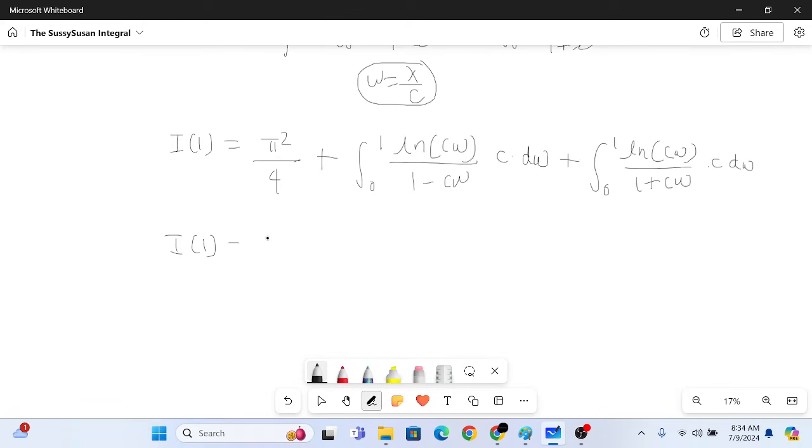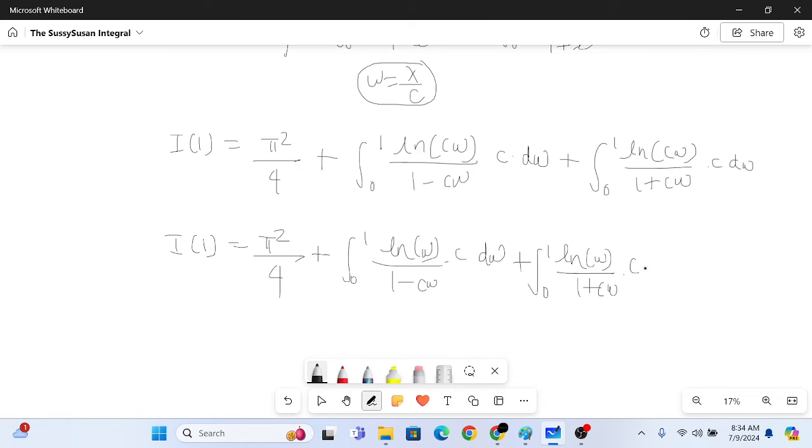I of 1 is equal to pi square by 4 plus integral from 0 to 1 of ln of w by 1 minus cw times c dw. Similarly, plus integral from 0 to 1 of ln of w by 1 plus cw times c dw, and minus the other things, integral from 0 to 1 of c ln of c by 1 minus cw dw.